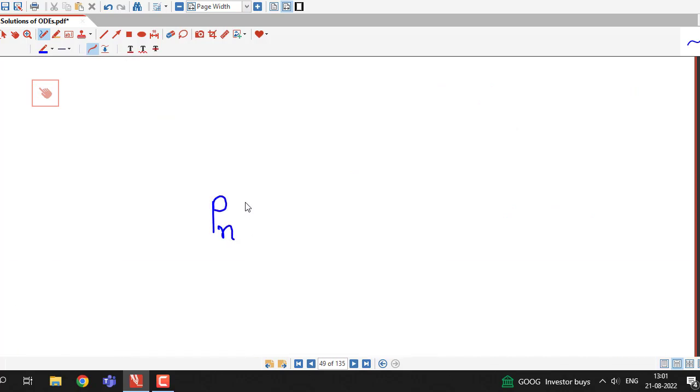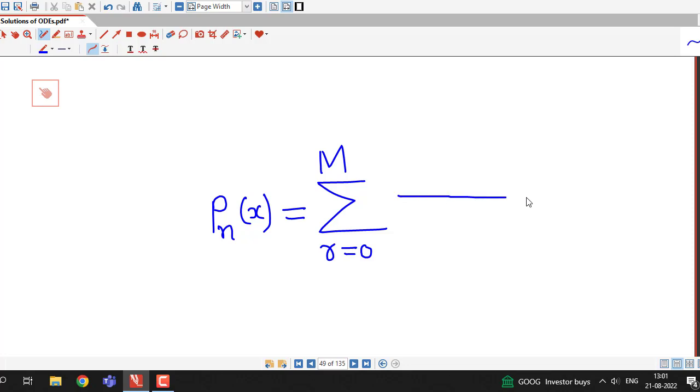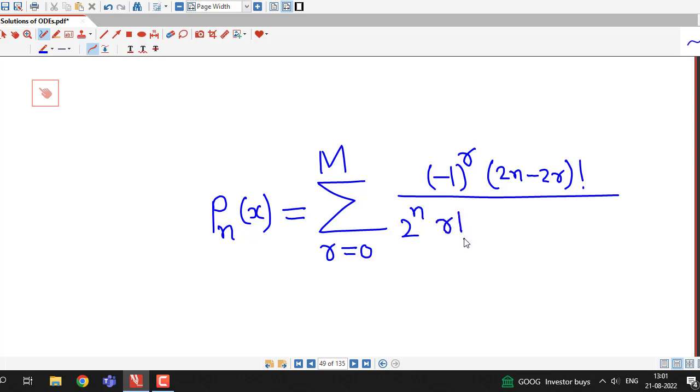We are just writing it again. The Legendre polynomial of degree n is given by this finite summation, where the index is small r, from 0 to M. Here we write minus 1 to the power r times (2n minus 2r) factorial, over 2 raised to n times r factorial times (n minus r) factorial times (n minus 2r) factorial, and x raised to n minus 2r.